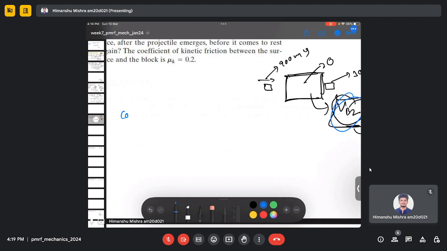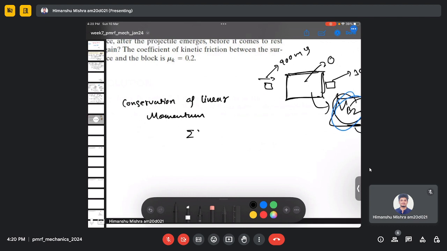So first, let's use the conservation of linear momentum here, which is the summation of all momentum initially equals the summation of all momentum at the final time.